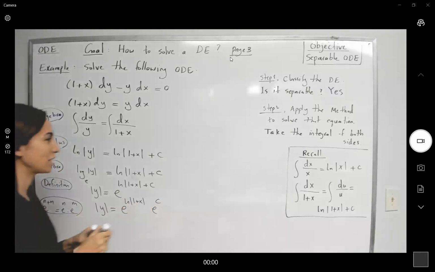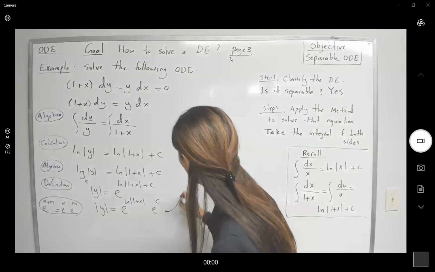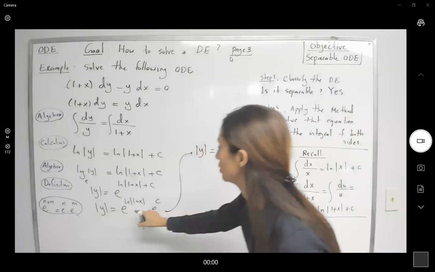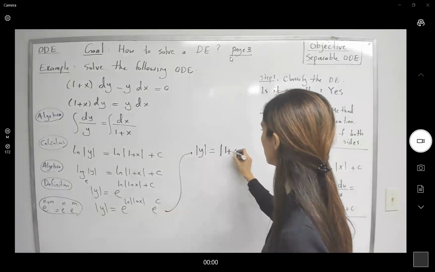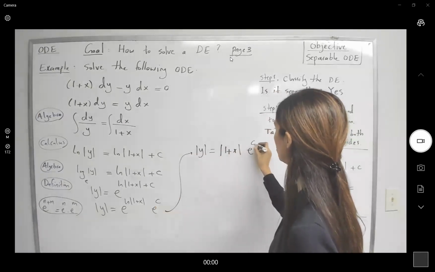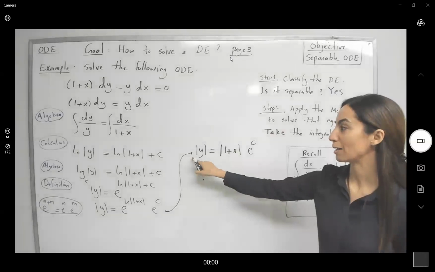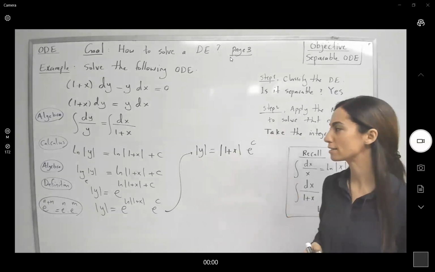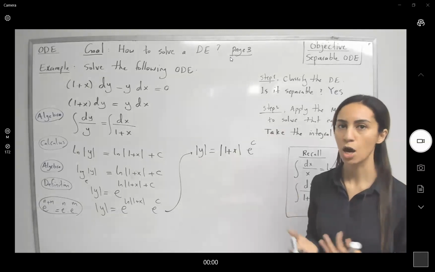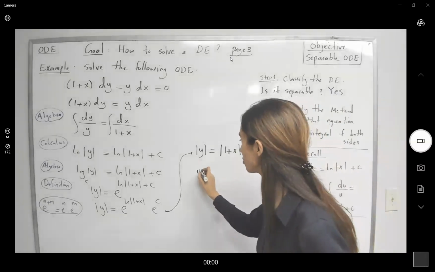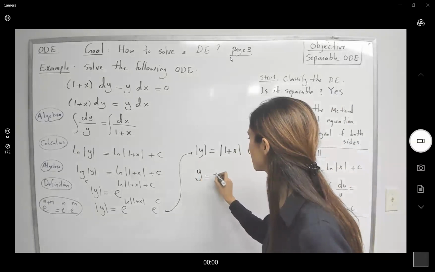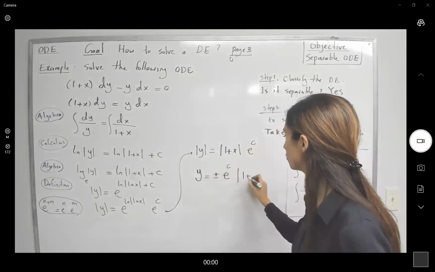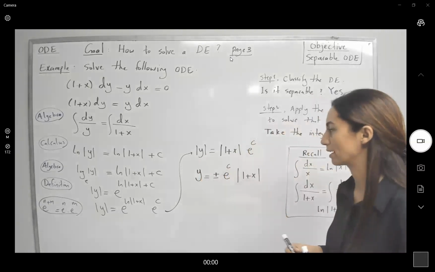So what you're going to get? You're going to get absolute value of y equals absolute value of 1 plus x times e to the c. You have absolute value of y equals absolute value of 1 plus x times a constant. What you're going to get using algebra, y is plus minus e to c times absolute value of 1 plus x.